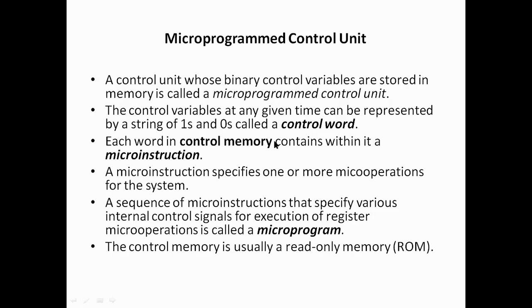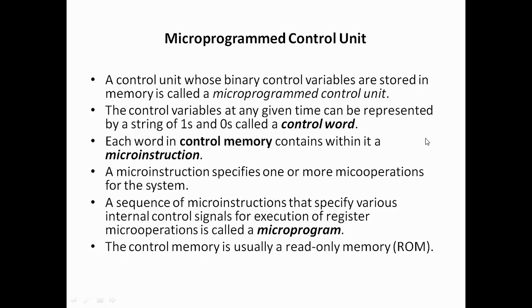And what is control memory? It is a certain part of the memory in the system that stores only microprograms, those programs which assist in generating control signals. So the computer which has a microprogrammed control unit will have two memories.